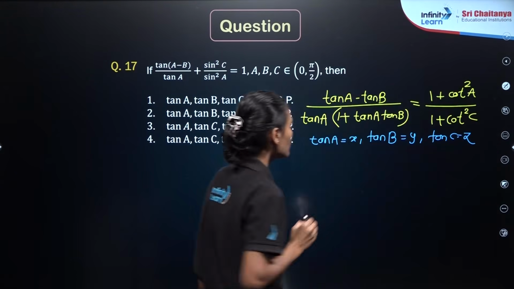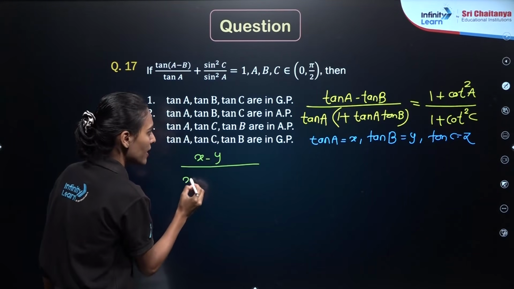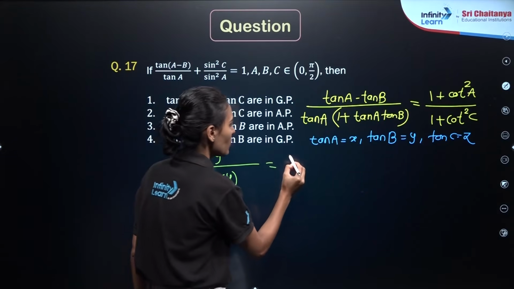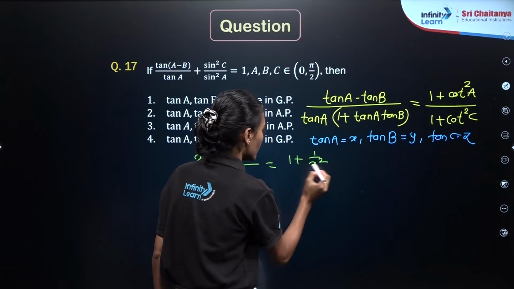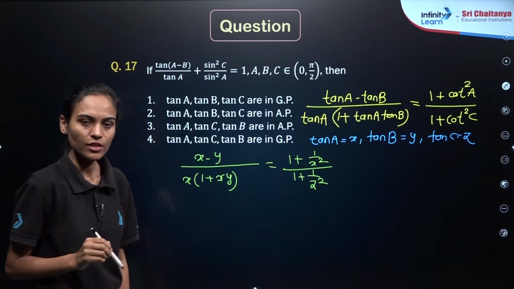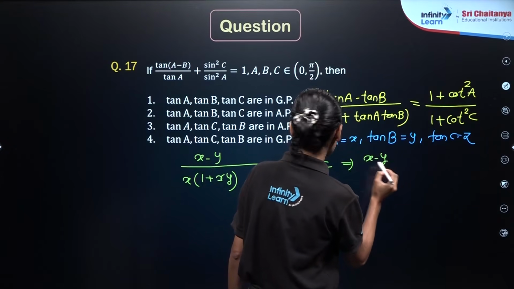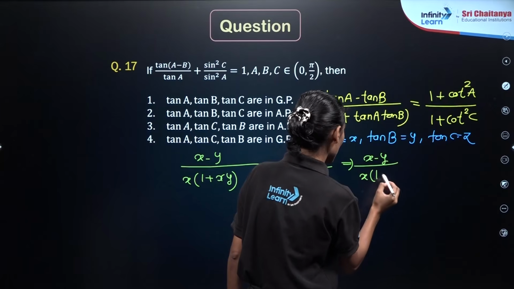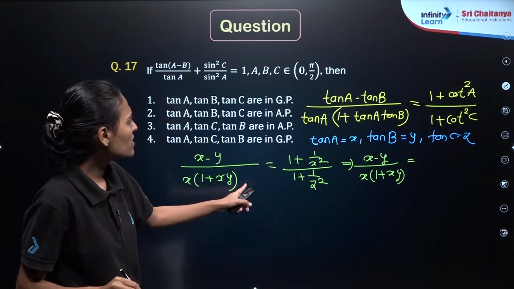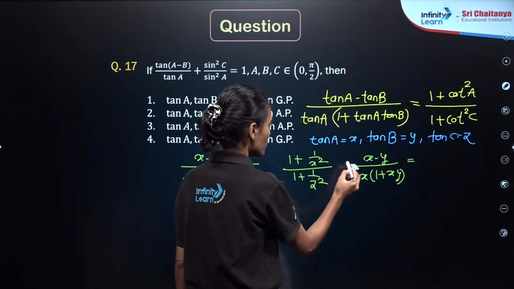Then this will become (x minus y) divided by x into the bracket 1 plus xy, equals (1 plus 1 upon x^2) divided by (1 plus 1 upon z^2). So you have this plus equals 1.